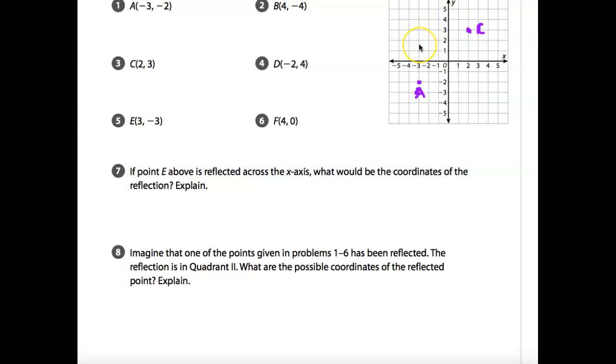So if we reflect A over the x-axis, that would be in quadrant 2. Or if we reflected C over the y-axis, that would be in quadrant 2. So I'm going to do one of them, and then I'd like you to do the other one. So let's look at A, okay?